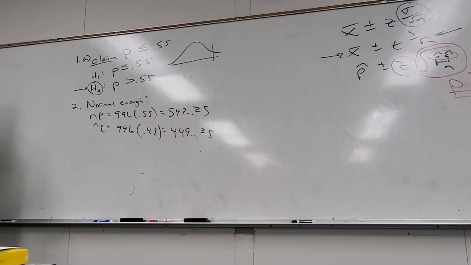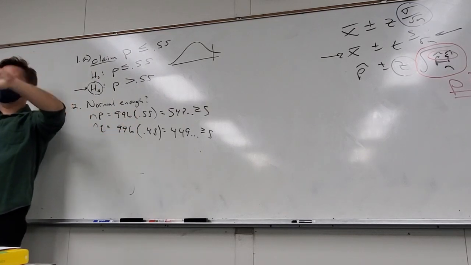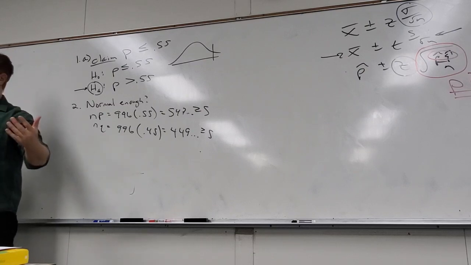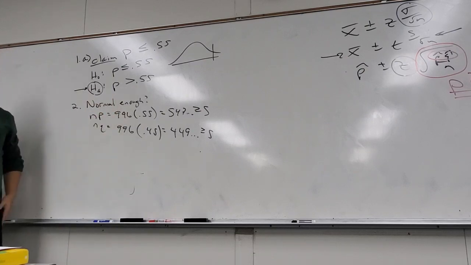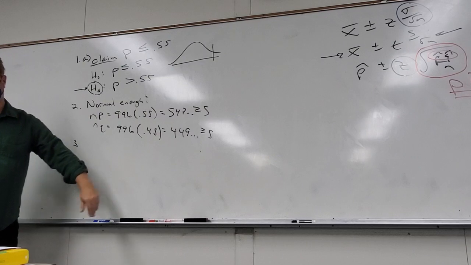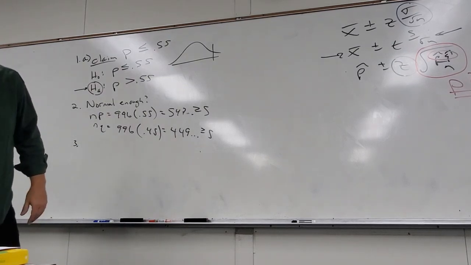Roughly, okay. So this is exactly the same as n greater than 30. It's the exact same thing. It's just that n greater than 30 is for means, and I have percentages.